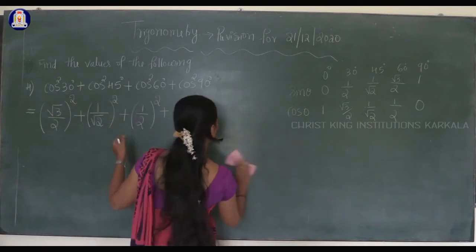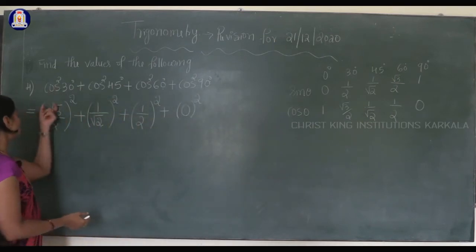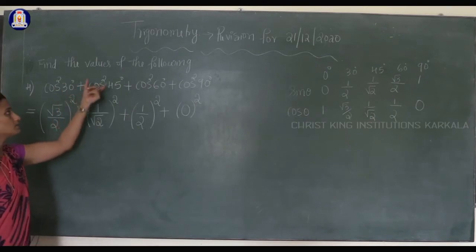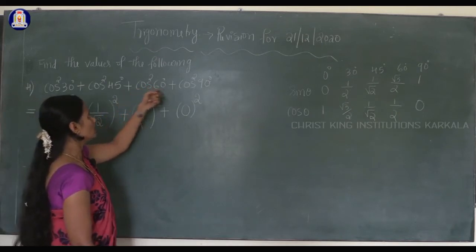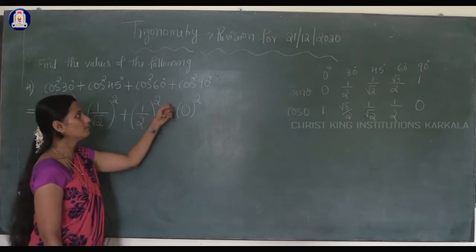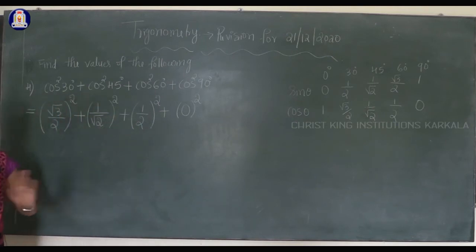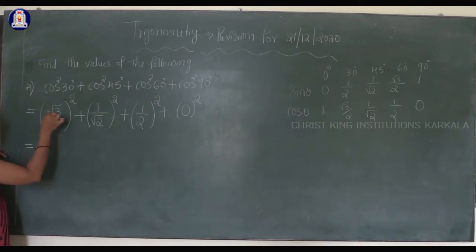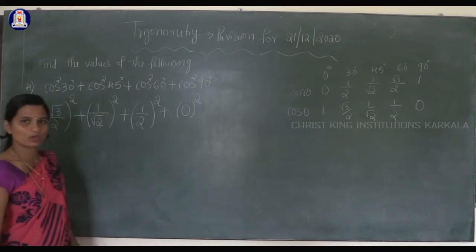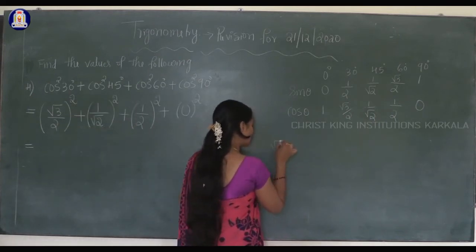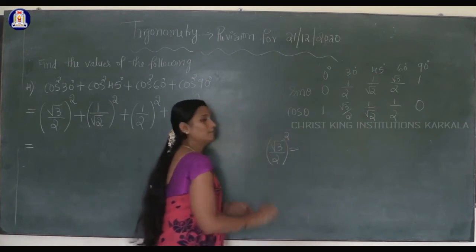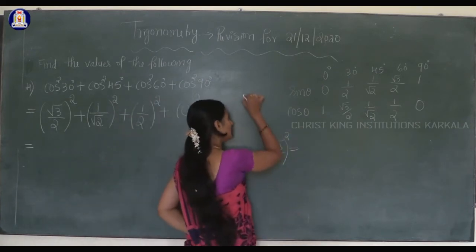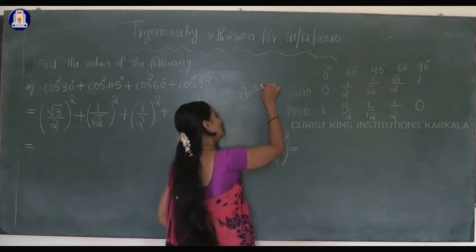So similarly, cos square 30 is root 3 by 2 whole square, cos square 45 is 1 by root 2 whole square, plus cos square 60 is 1 by 2 whole square, plus cos square 90 is 0 square. Clear? Now, how can we simplify this? A square can be written as a into a.